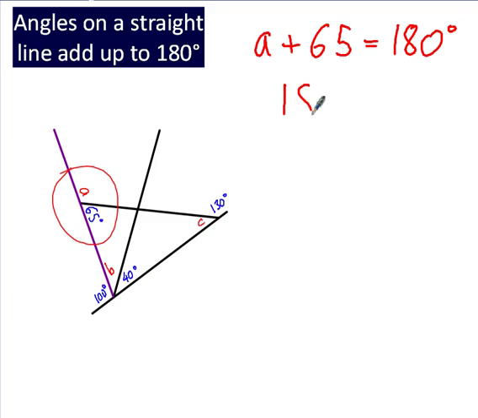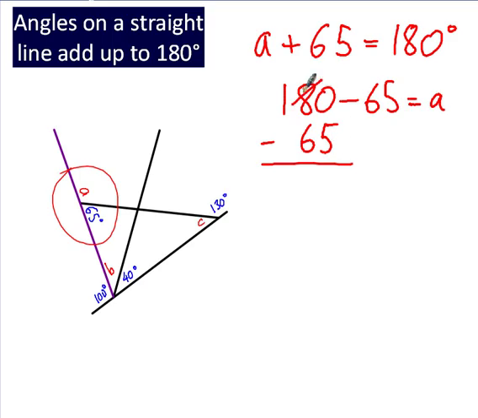Okay, I'm just going to do the inverse operation. 180 take away 65 equals A. Okay, if we're not confident in doing that in our heads, then we'll just do this as a column subtraction. 180 take away 65. 0 take away 5 I can't do in column subtraction, so I'll need to steal. 10 take away 5 is 5. 7 take away 6 is 1. 1 take away nothing is 1.